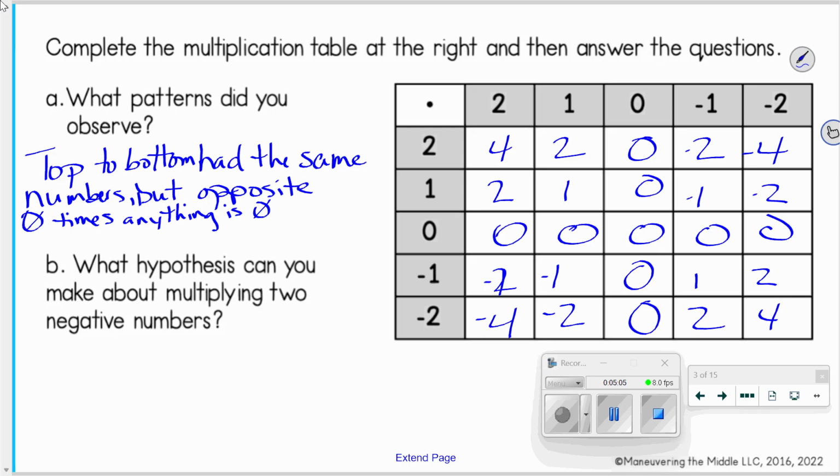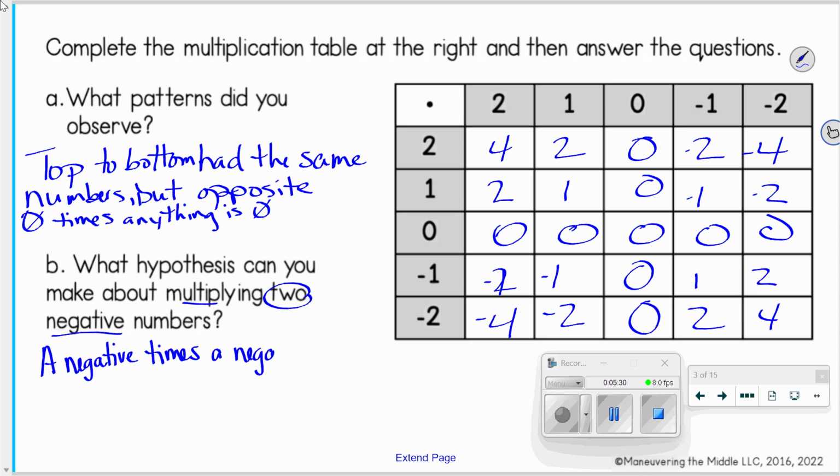So, can you give me a hypothesis about multiplying two negative numbers? Two negatives equals... Kyla? A negative times a negative is a positive. A negative times a positive is a negative. Except you gave me three answers when there's only one question.